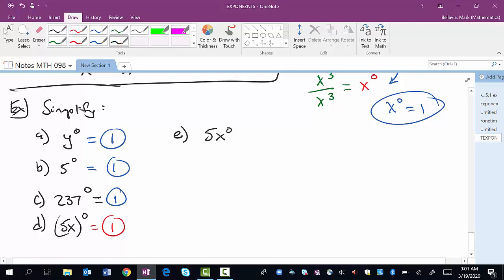It sounds the same when I say it out loud, but if you don't look where the exponent is, that 0 only applies to the x. So it doesn't apply to the 5. So when you look at this, the 5 out in front stays 5 out in front. The x to the 0, that part is equal to 1. Remember, when you have two things next to each other, it means you're multiplying them. It just means 5 times 1, which equals 5.